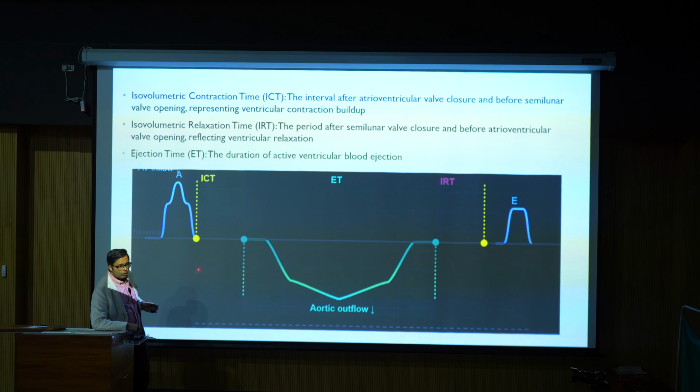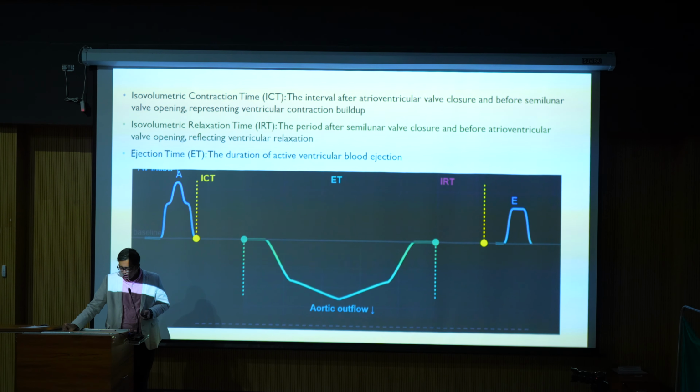This is the closure point of the mitral valve. From the closure of the mitral valve till the opening of the aortic outflow, this interval is called the isovolumetric contraction time. From the closure of the aortic outflow to the opening of the next cycle of the mitral valve, this time interval is called the isovolumetric relaxation time. And the actual outflow time is called the ejection time.